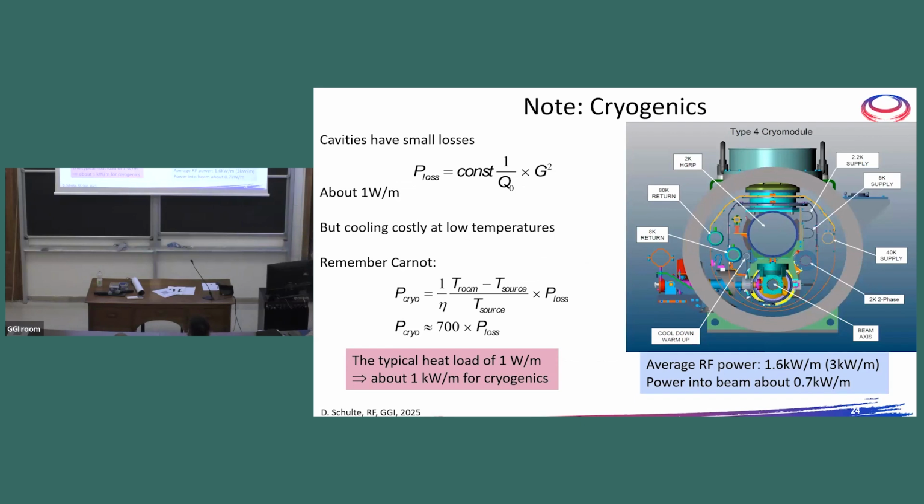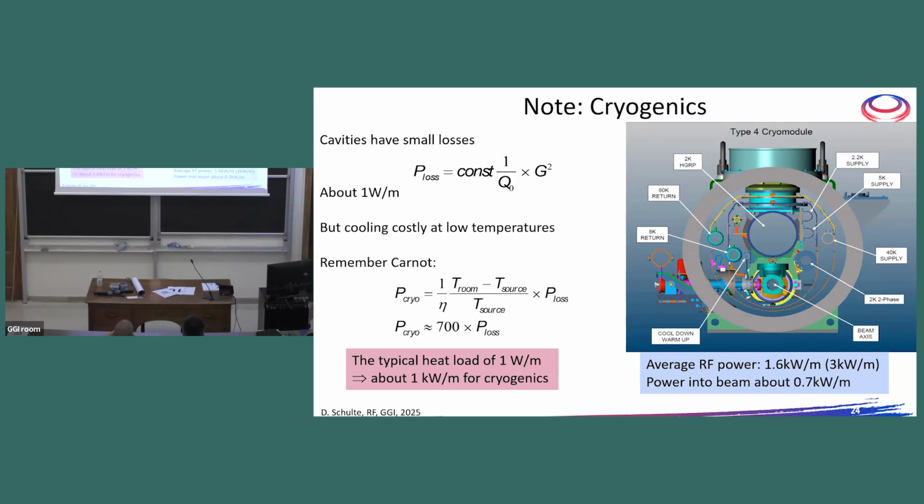In the superconducting cavity, the next thing is this little power you give into the wall, you have to cool away. And because you lose this power at very low temperatures, you pay for the Carnot inefficiency of cooling. So typically you aim for a watt per meter loss. The Carnot inefficiency tells you that to cool that with a system that operates at room temperature, 300K, while the other side is 2K, you have to spend 150 times more electric power into your cooling system than you extract at 2K.